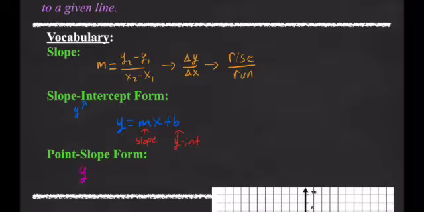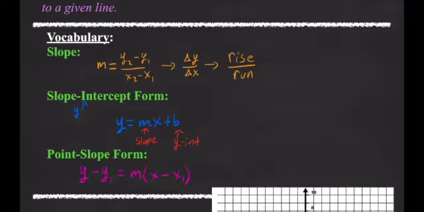We have y minus y1 equals m times x minus x1. It does not matter if you put 1 or 2 underneath. We just put 1 for simplicity's sake. If you chose y2 and x2, that's fine. Just don't mix your 1s and 2s together. Have it either 1s or have it as 2s.